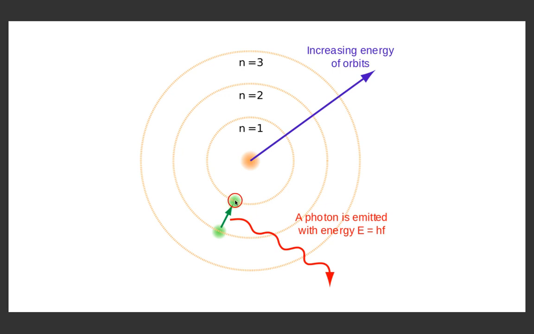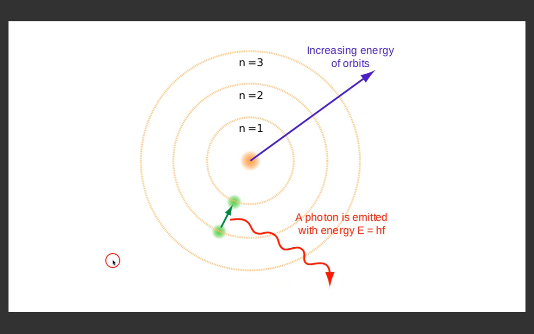So if this electron absorbs energy from a photon, and that photon has an amount of energy equal to the difference in energy between these levels, that electron is going to jump to the higher level. And then likewise, it can also drop from a higher level to a lower level. When that takes place, it's going to release a photon with that amount of energy.